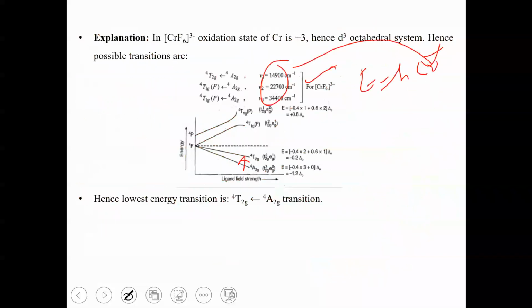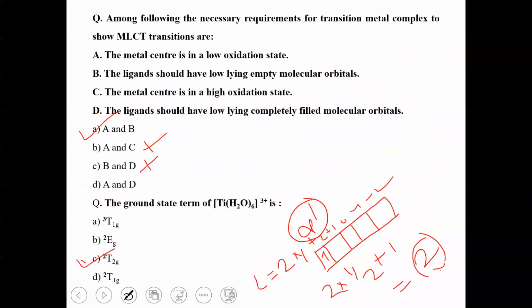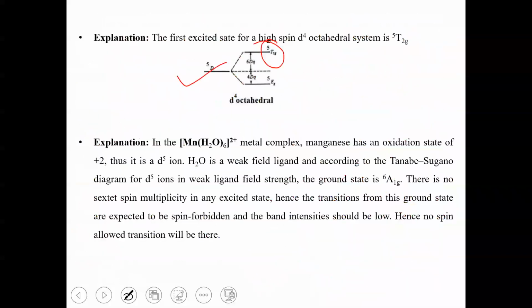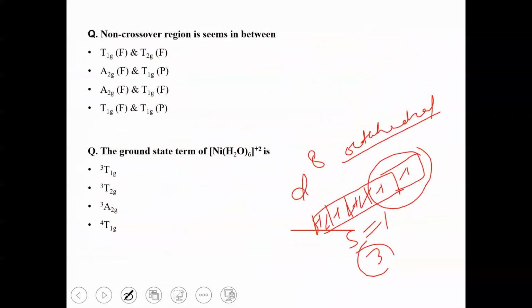So d8 octahedral will be lying on this side. The multiplicity is 3, and the ground state is A2. So 3A2g will be the right answer for this one.